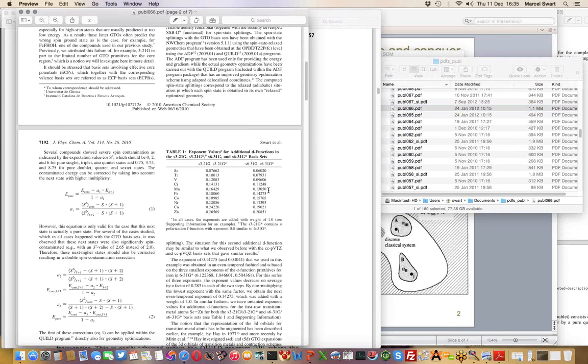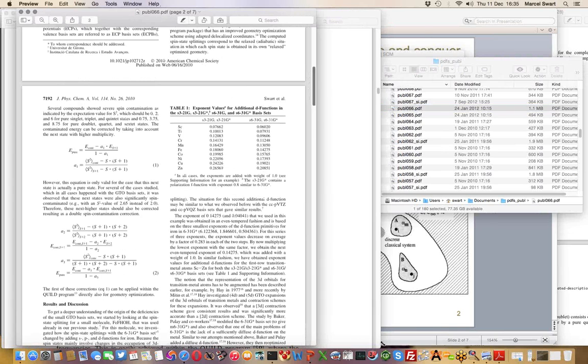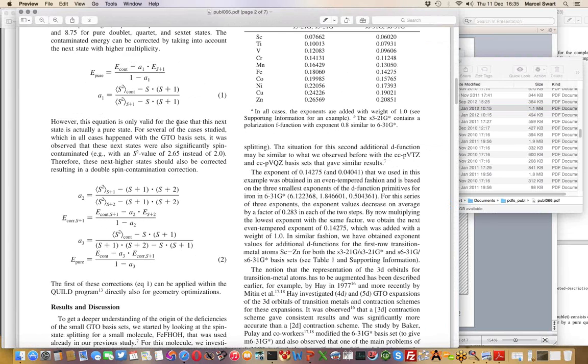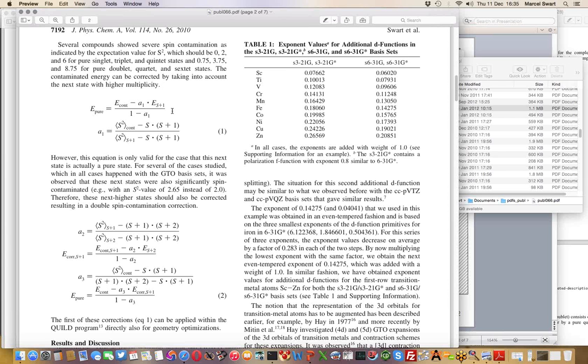This is again the simplest form shown here. Yeah, I can see the formula. You have to do a bit of work. This is the formula for the singlet-triplet, let's say.